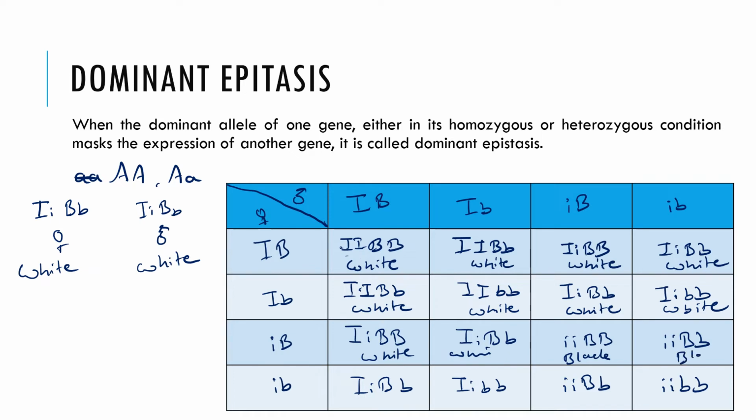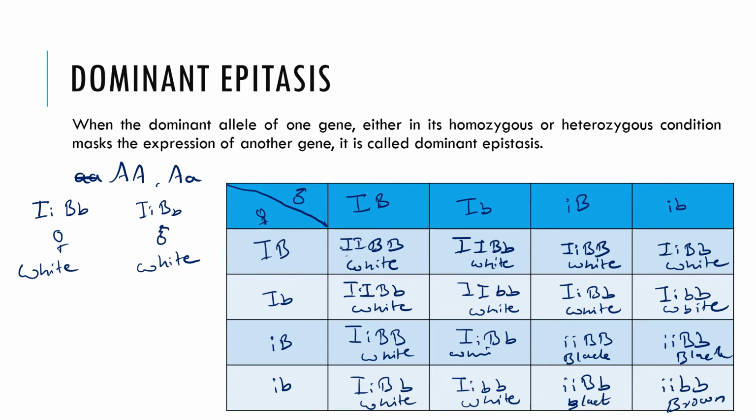Now something different happens. We can see that in absence of a dominant allele, the phenotype varies.